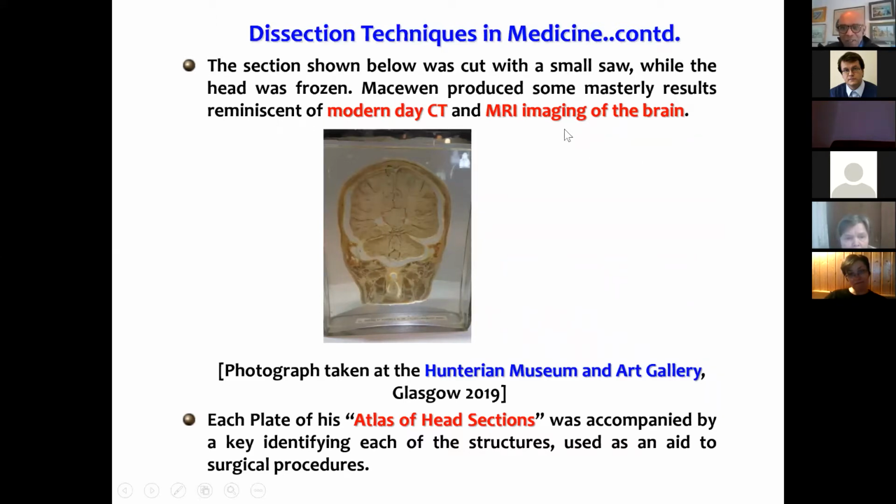Today we have modern imaging techniques like MRI. These images are available in the museum in Glasgow in Scotland. Each plate has a section in there, and it's interesting to note that people did look at the brain as a tissue that is composed of several layers as well.